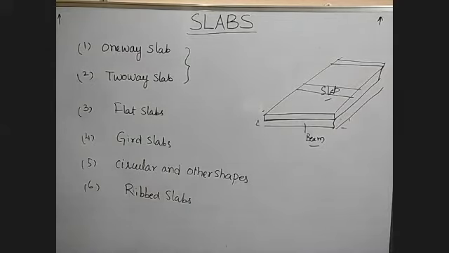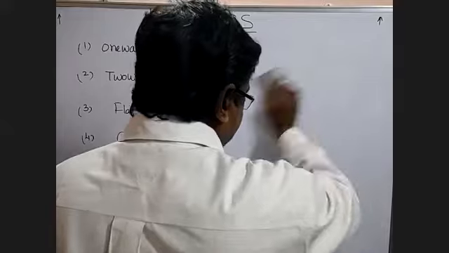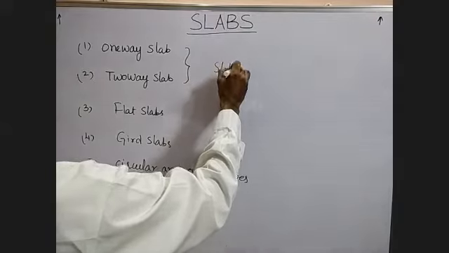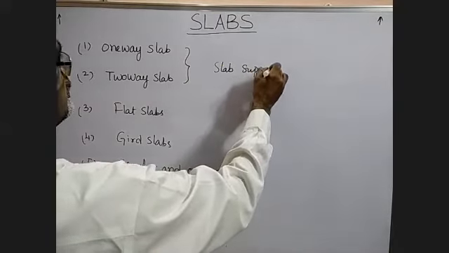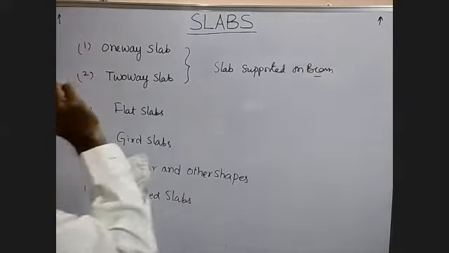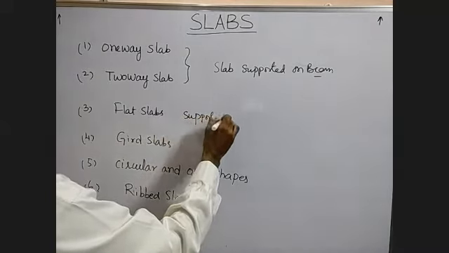But in the case of a flat slab, these beams are not there. For the normal one, you have the slab supported on beams. This is the normal slab, we call it. But here, the slab is directly supported on columns.